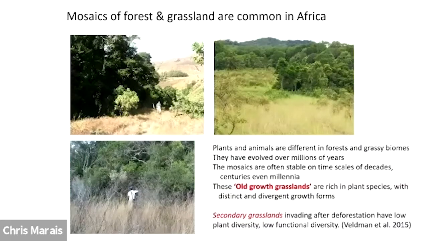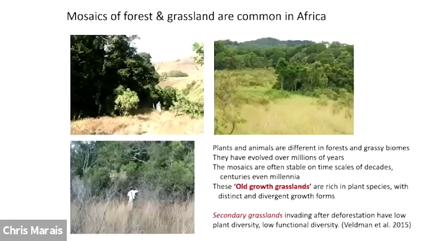We need to have people who work across both systems to understand their interrelationship and how different they are right across Africa. The mosaics are often stable on timescales of decades if you use aerial photographs, of centuries if you use old historical documents, or if you go through paleoecological tools, thousands of years. So a grassland that lives for thousands of years is why we call it a stable state.